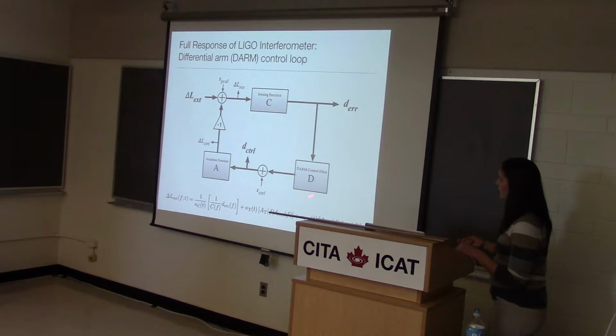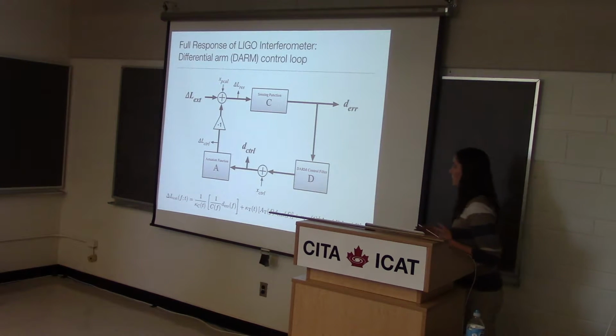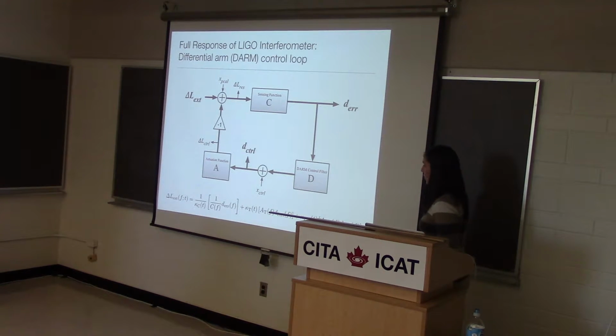So just using the DARM loop, we're able to determine the external differential arm changes, delta L external, that occur in LIGO by taking our digitized error signal and digitized control signal, filtering it with the inverse sensing function and then the appropriate stages of the actuation function, and then also compensating for the time-dependent gains that I just discussed.